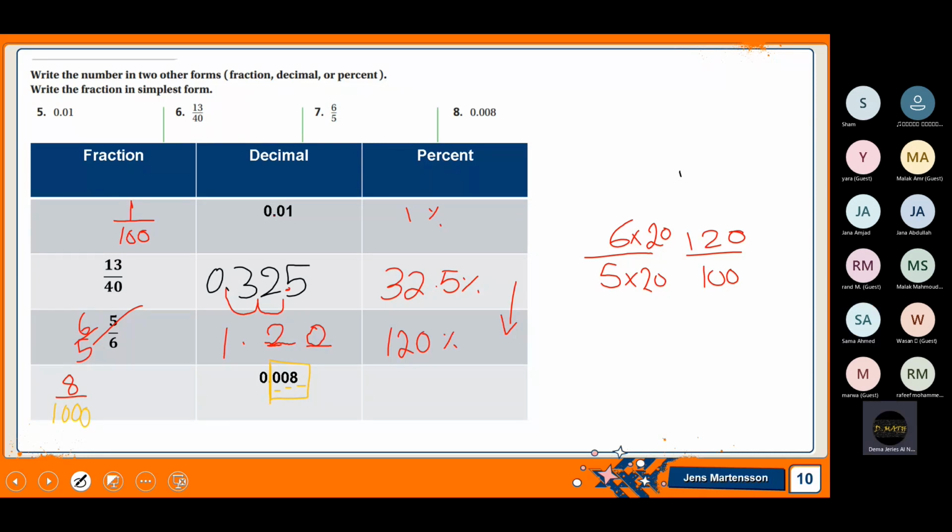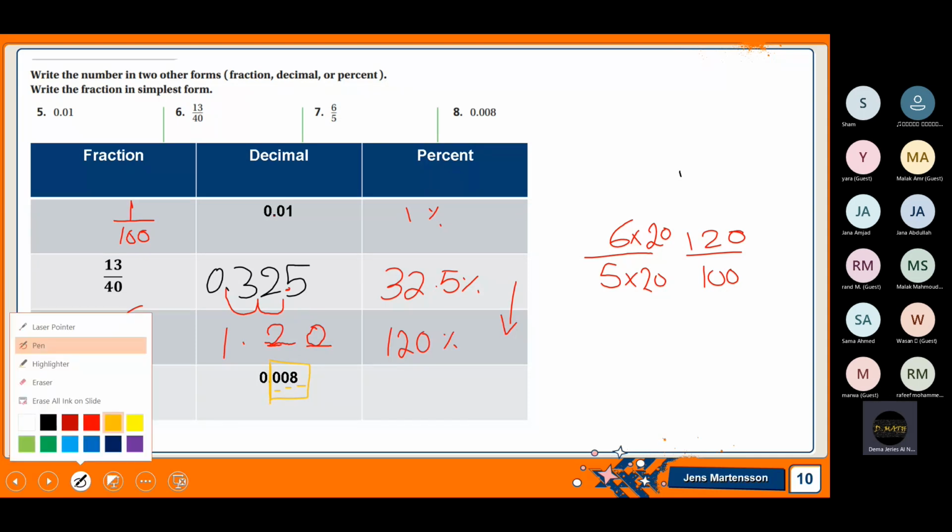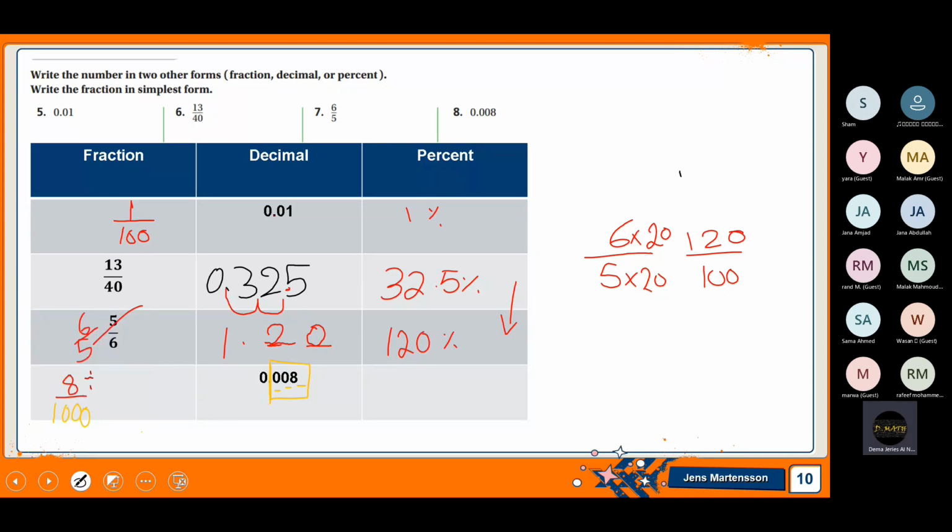8 over 1,000. Sarah. Teacher, I don't understand. Yes, Sarah. 8 over 1,000. How do you write it as a fraction in simplest form? 8 over 1,000. How can you simplify it? Divide by what here?